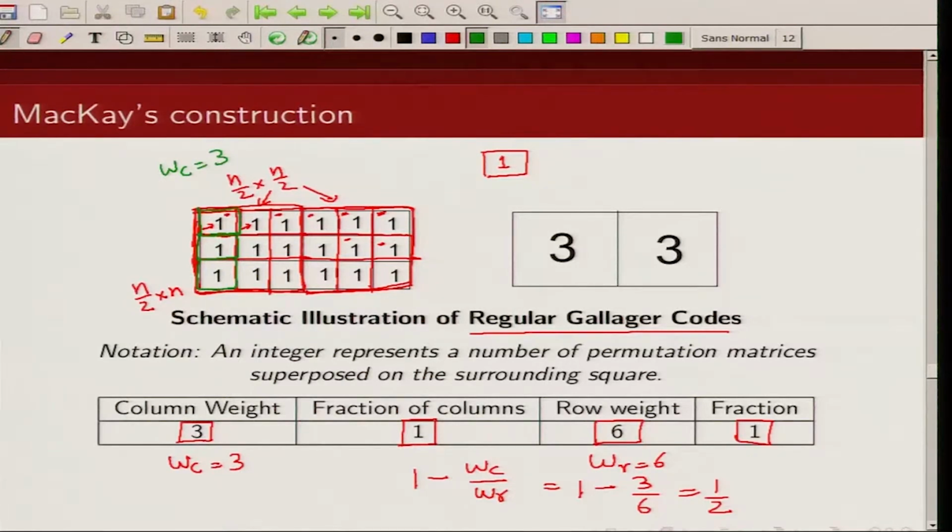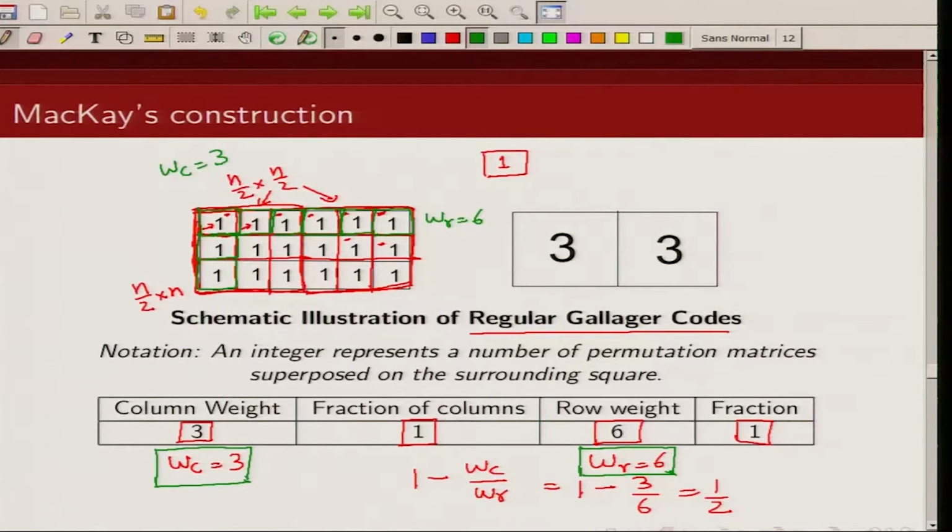If we stack 6 of them like this, then each row also has a single 1 from each, so we will get overall 6 ones in each row. This way we can generate an LDPC code with these parameters, column weight 3 and row weight 6.